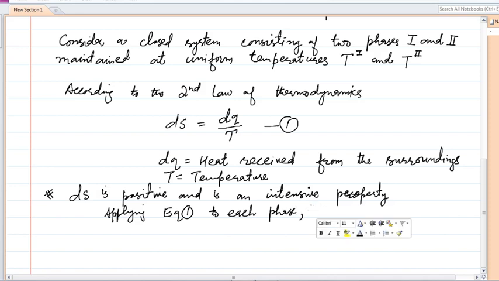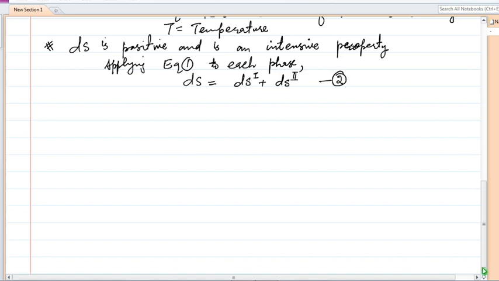Then for the whole system we can write the change in entropy for the whole system will be equal to dS1 plus dS2. So this is equation 2.